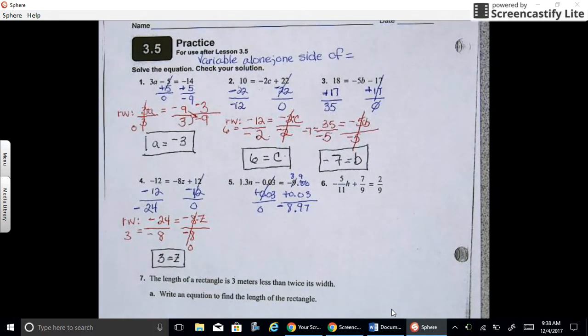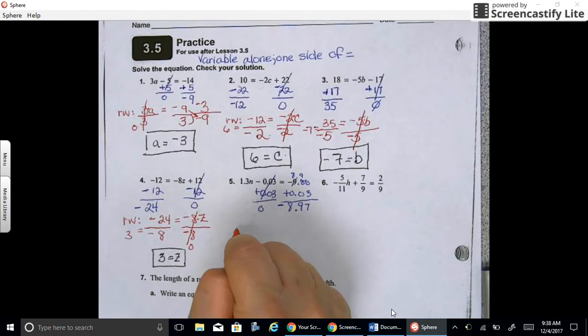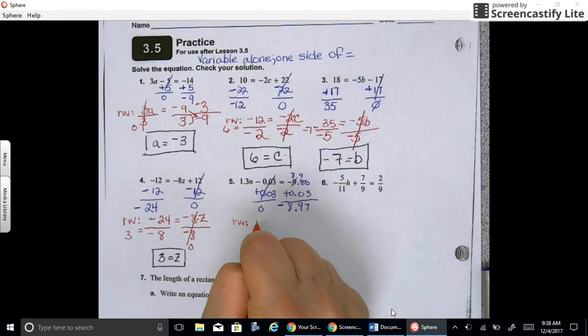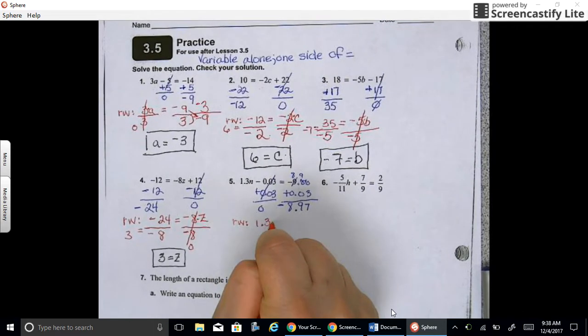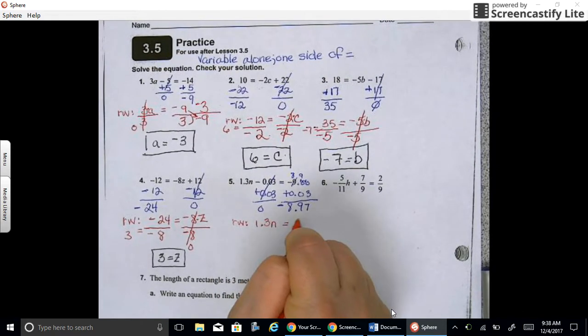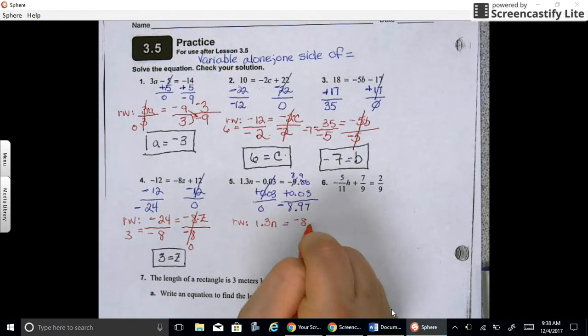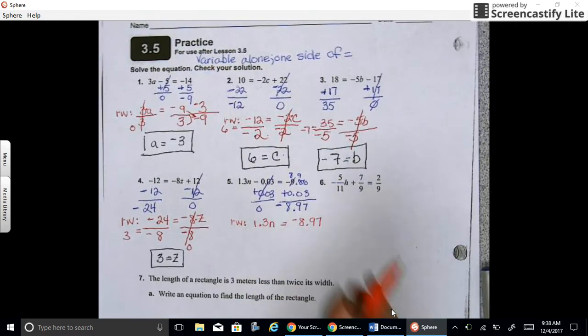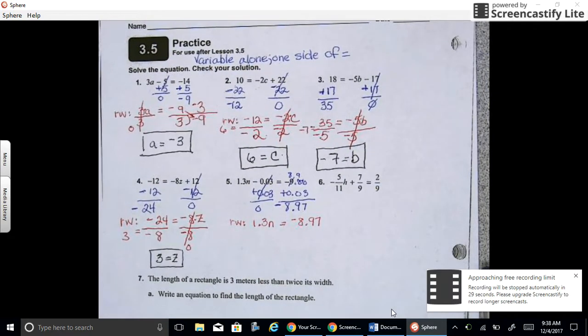Now let's rewrite what we have left. My rewrite is 1.3n equals negative 8.97. Aiden, my variable, I want to get that letter n alone on one side of the equal sign.